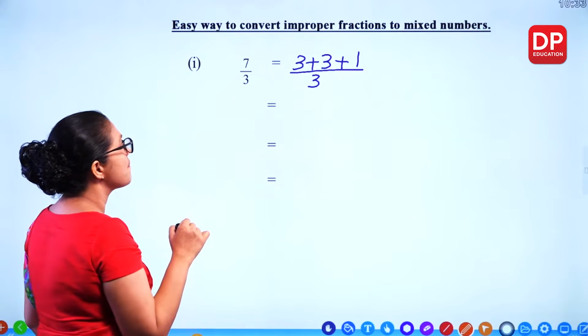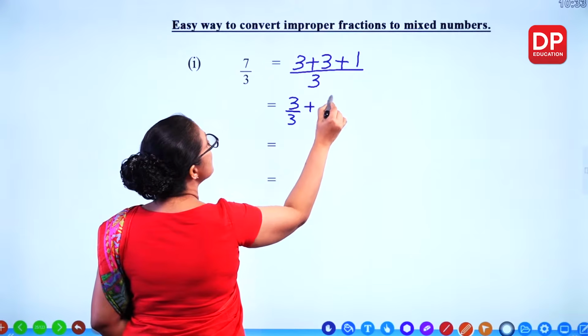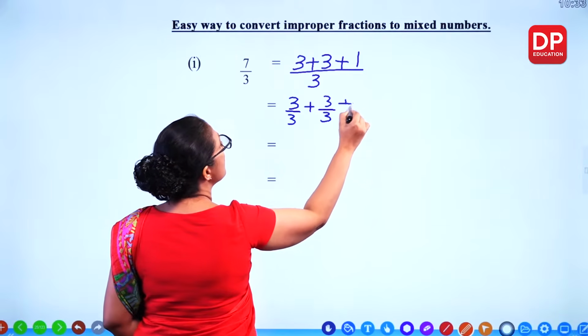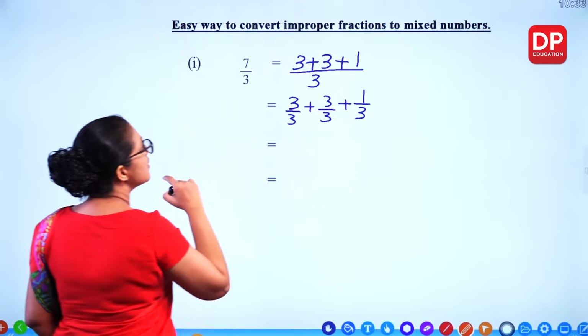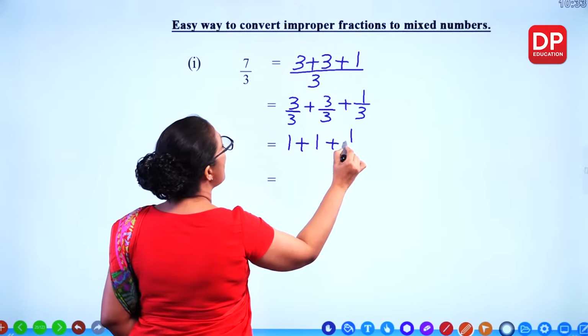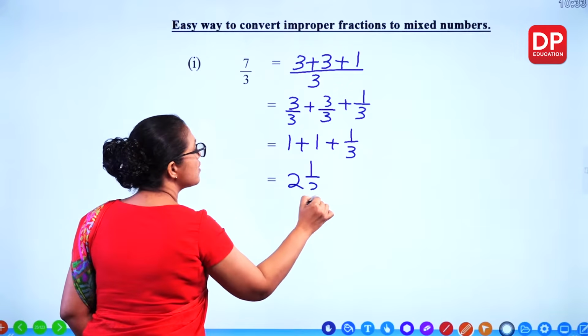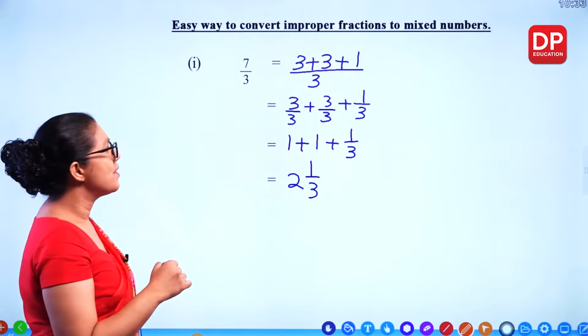Then I can divide. 3 over 3 and 1/3. So 3 over 3 is 1. 1 plus 1 plus 1/3. 1 and 1, 2. And you get 2 and 1/3.